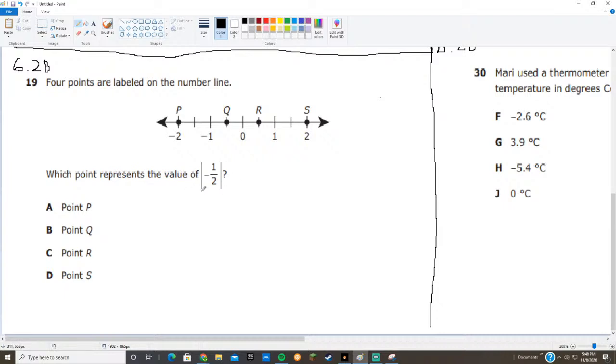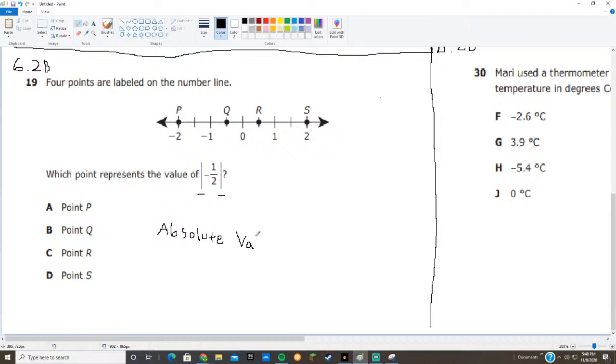Now, you may be thinking, there are these bars around the number. What does that mean? So all these bars mean is absolute value. Let's write it down. Absolute value.